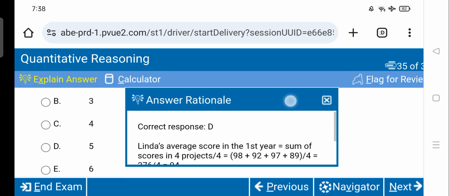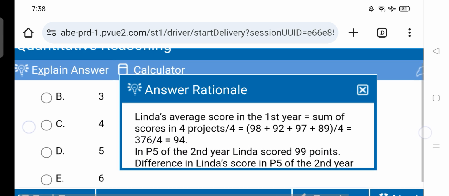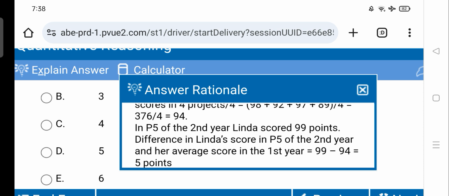The correct response is D. Linda's average score in the first year equals the sum of scores in 4 projects divided by 4, which equals 98 plus 92 plus 97 plus 89 divided by 4, equals 376 divided by 4, which equals 94. In P5 of the second year, Linda scored 99 points.